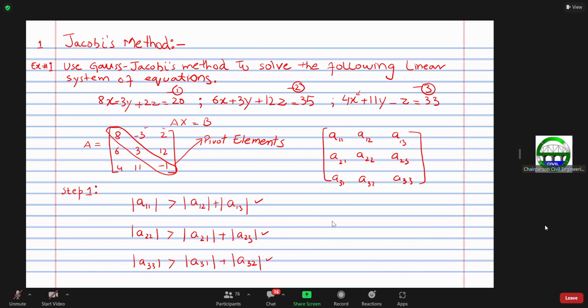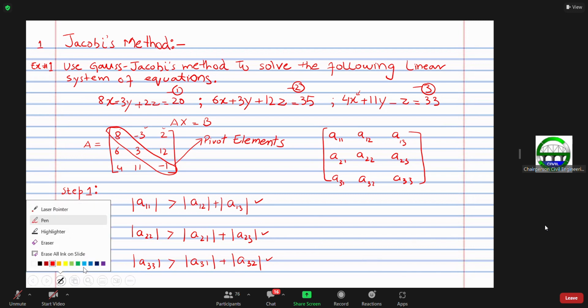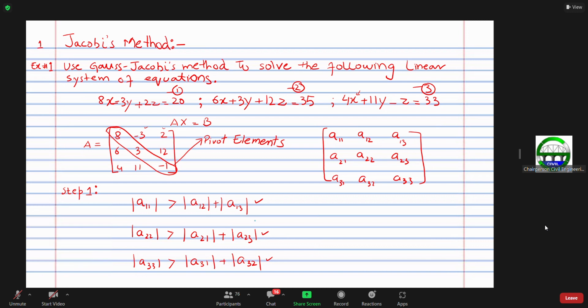Okay, so what we were talking about was this one. Let me change the color. In here you can see that A11 is 8 and A12 is -3. The magnitude of -3 is 3 and A13 is 2. So 3 plus 2 is equal to 5, so this condition holds.